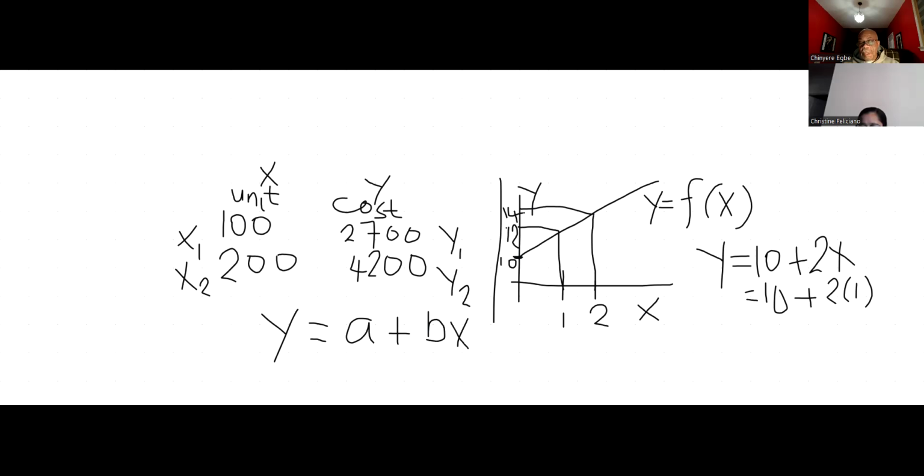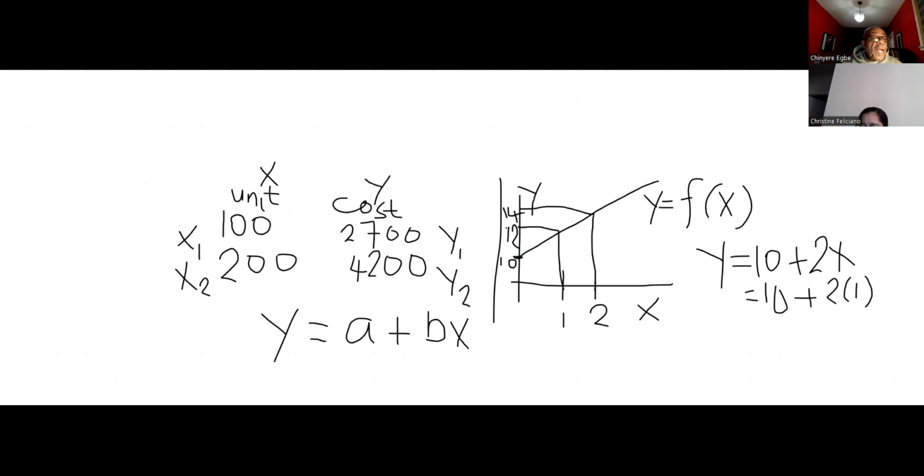For this function, a is 10 and b is 2. Is it making sense? Yeah. So b represents the rate of change. If b is 5, then the value of y will change by 5 every time the value of x changes by 1. All right?